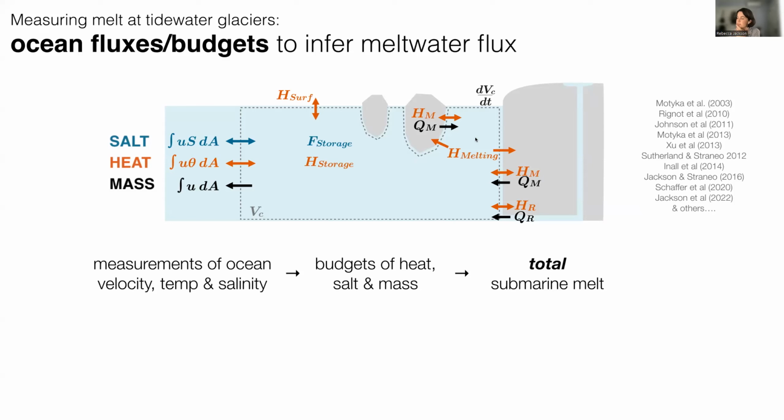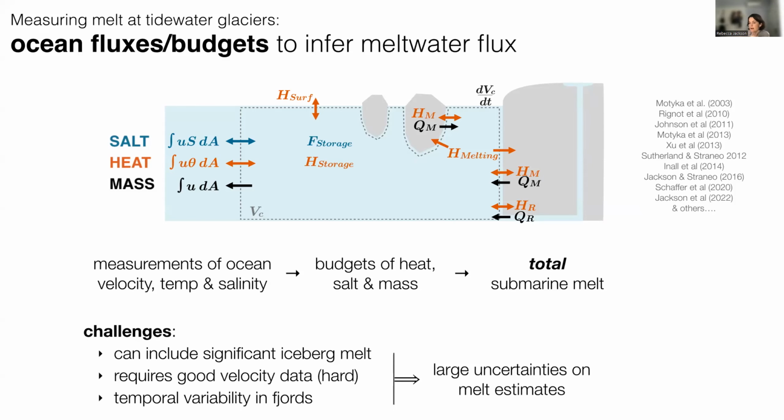So this has been used in a growing number of studies, but there are some big challenges. One of the problems is that it can include a significant amount of iceberg melt in this estimate. And so if you're trying to get the terminus melt, you might be lumping that together with iceberg melt if you have significant iceberg quantities upstream of your ocean measurements. The ocean measurements are incredibly difficult and expensive to get because this method requires really good resolution of the velocity field across a fjord, as well as water properties.